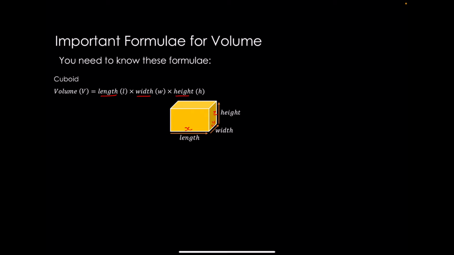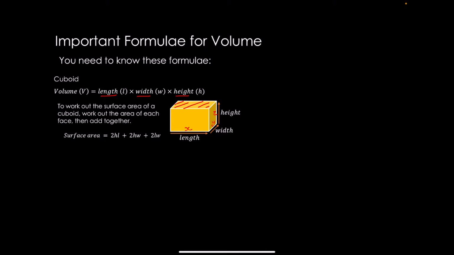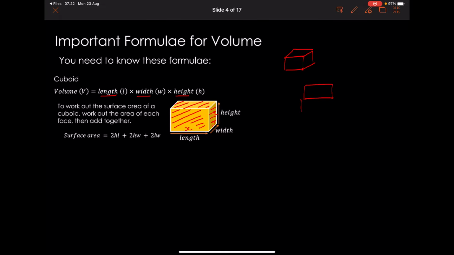Now the volume is the amount of space it takes up, but the surface area is basically where we take each side of the shape and work out its area and add it together. So if I had a cuboid like the one you can see there, and I opened it up as a net, not very good at drawing that, am I?